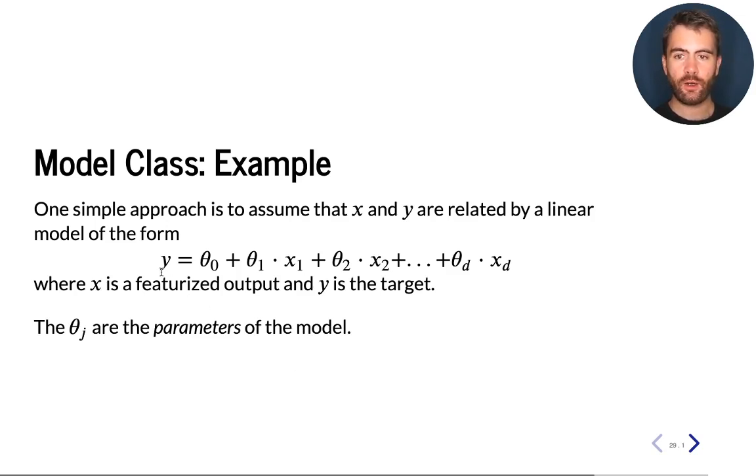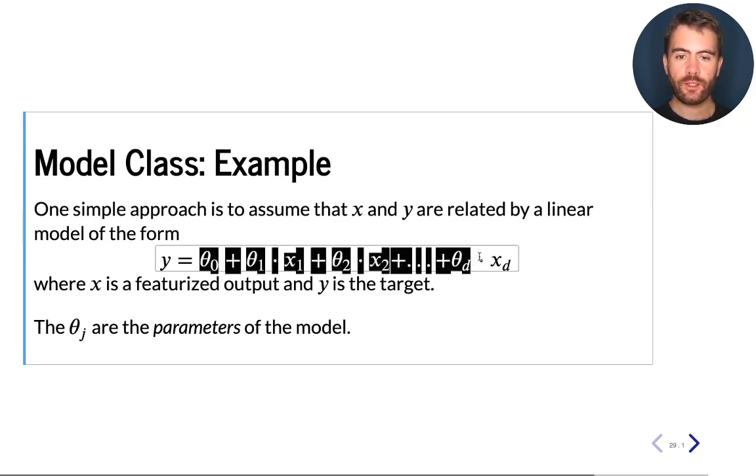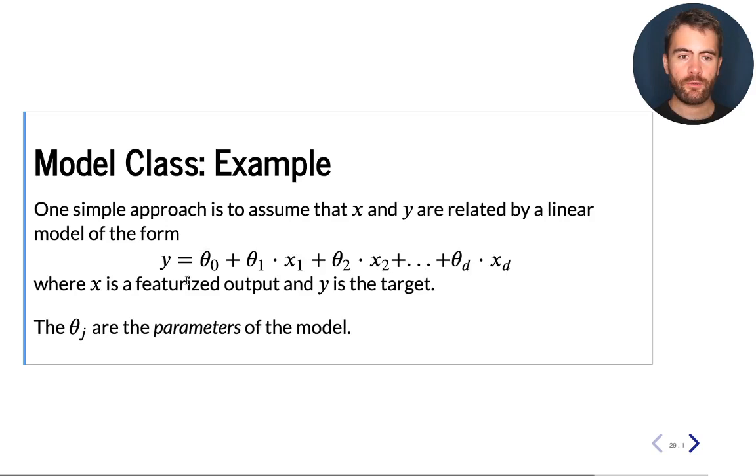In other words, the target y is related to the input x via the following linear equation, where the output y is a linear function of inputs x and parameters theta. So here, in order to obtain a y, we take each attribute, multiply it by a parameter theta, and then add all of these together, and that is our output.